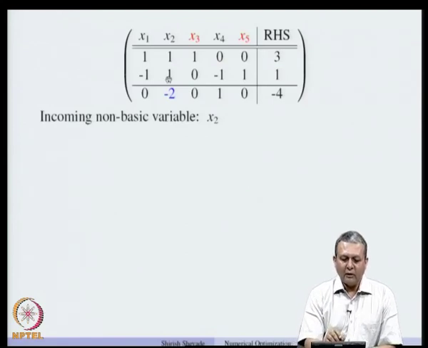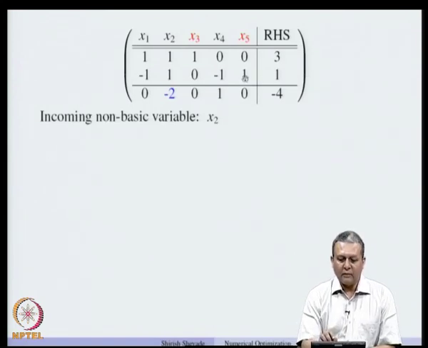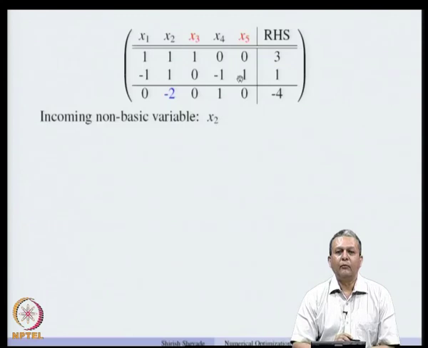So, we pick all the elements in this column which are positive, in this case both are positive, and take the ratio. So, 3 by 1 and 1 by 1. The second row, which corresponds to the basic variable x5, is the candidate to become non-basic.